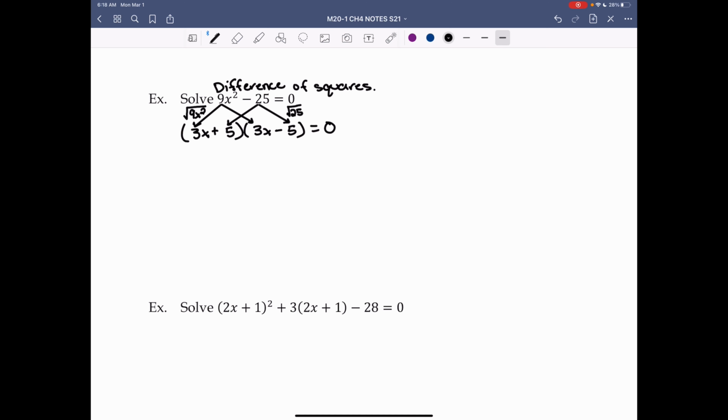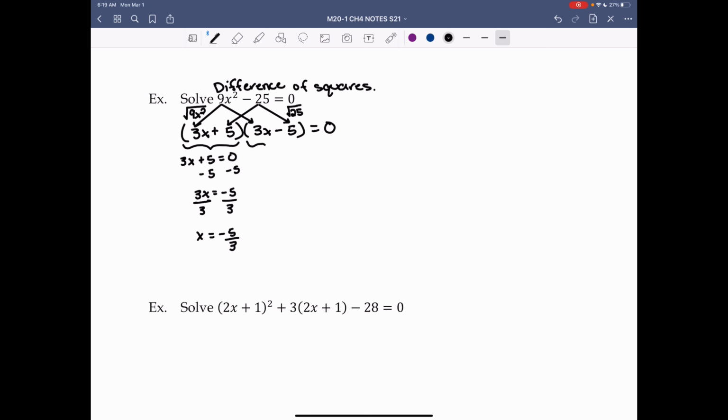Then again, if this product equals 0, then one of the factors has to equal 0. So let's see when this one equals 0. 3x plus 5 equals 0. Subtract 5. 3x equals negative 5. Divide by 3. X equals negative 5 over 3.